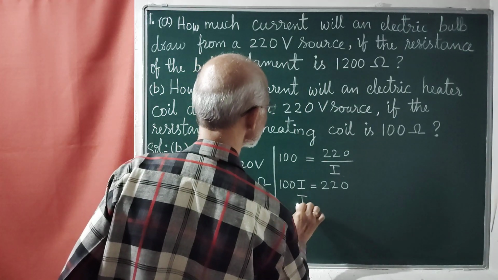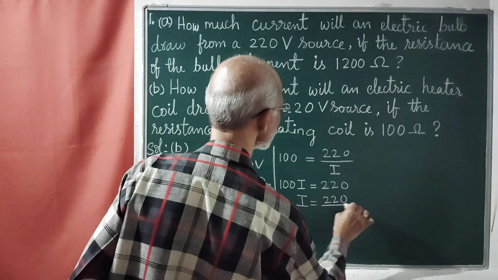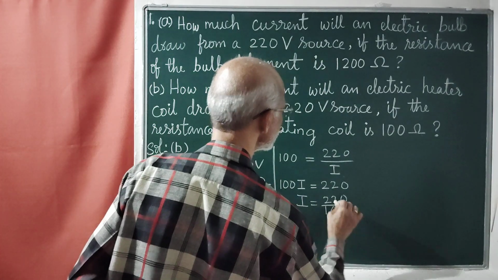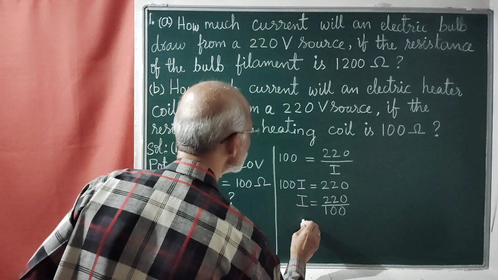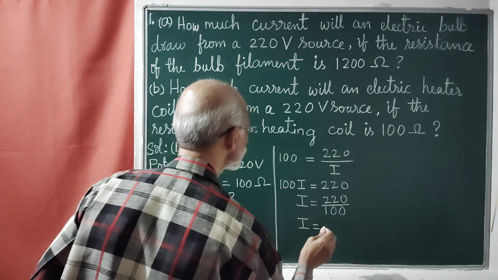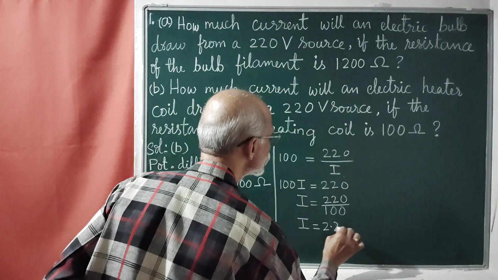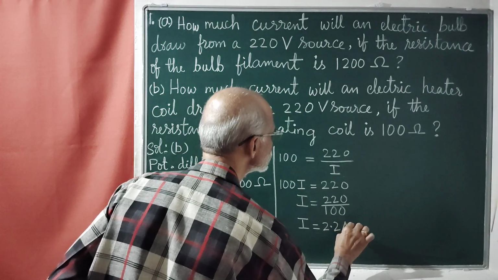I is equal to 220 by 100. I is equal to 2.2 amperes.